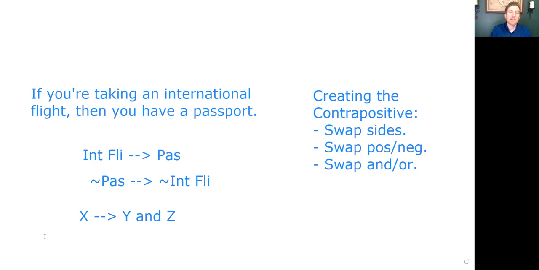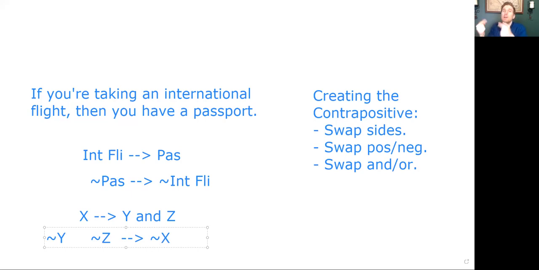Let's think about how we're going to translate this. So both the Y and the Z are now going to be on the left-hand side. The X is going to be over here on the right-hand side. Everything was initially positive, having an X, having a Y, having a Z. So we're now going to need to turn all of these negative. So not having a Y, not having a Z, not having an X. Now we started the original formal logic with an and.